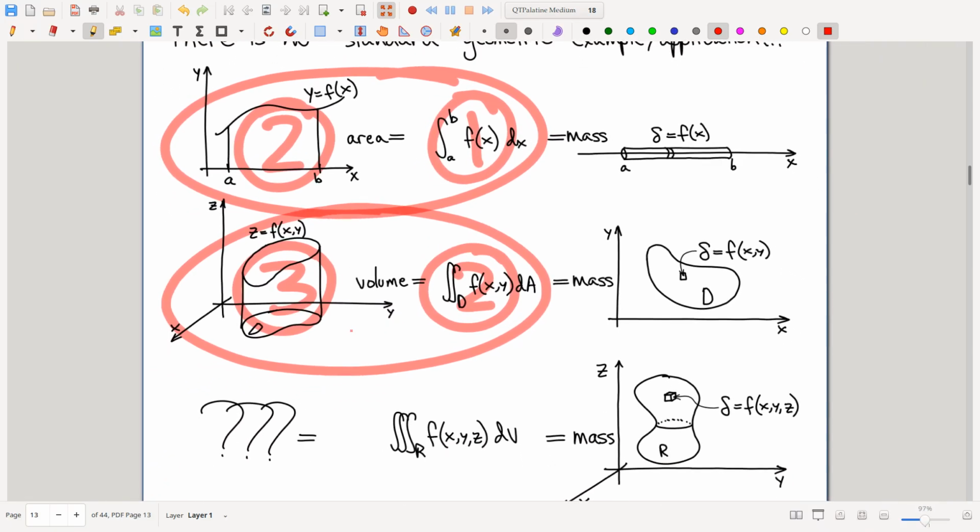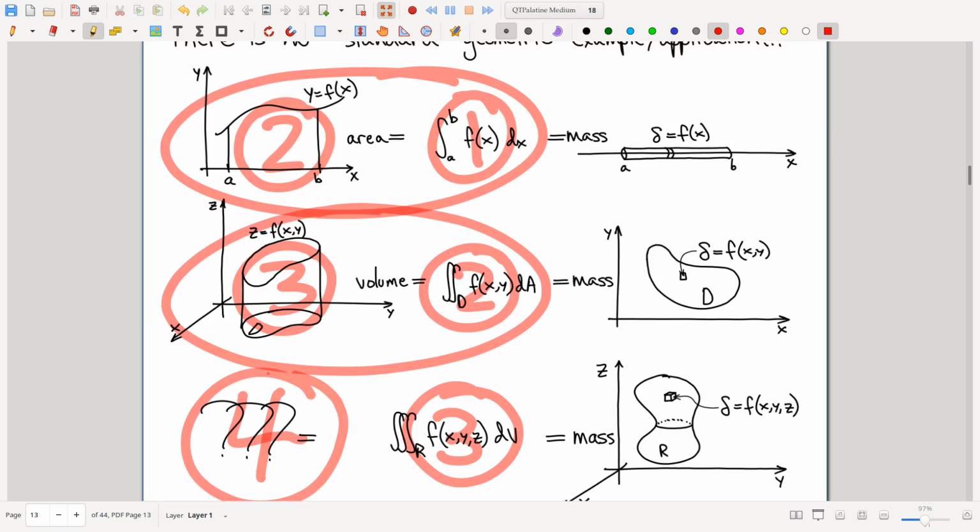Can I extend this to making sense out of a three-dimensional integral? Well, if I can understand four-dimensional pictures, I can, but I can't. Right? And I don't think you can either. So this is a second reason why I'm cool on this idea of understanding integrals in terms of graphs.